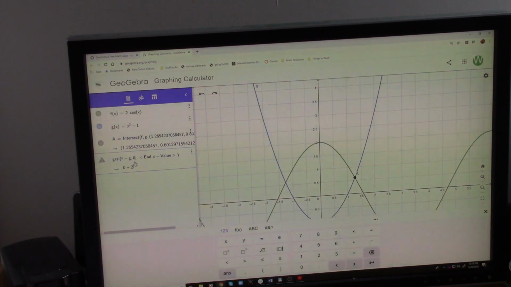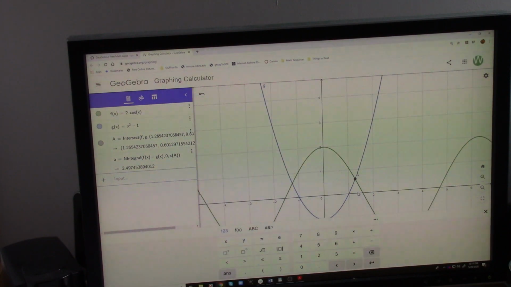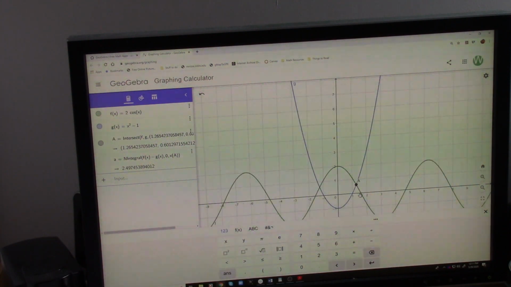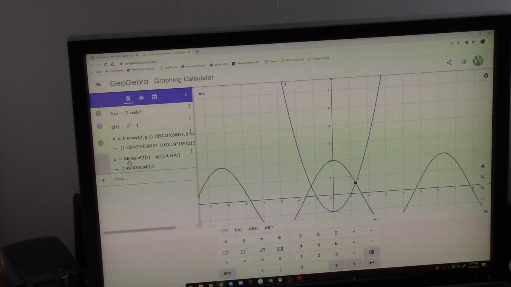Yeah, starting at 0 and ending at the x coordinate of A, which is x of A. And enter. Boom. There you go. For some reason, oh, it doesn't shade because I guess that 2 makes it sad or something. No, it's still not shading. I don't know. It just didn't shade. Okay, I liked the pretty picture, but never mind.